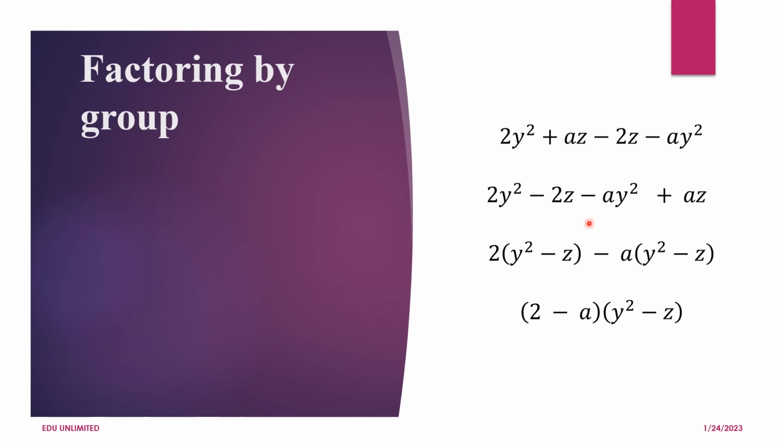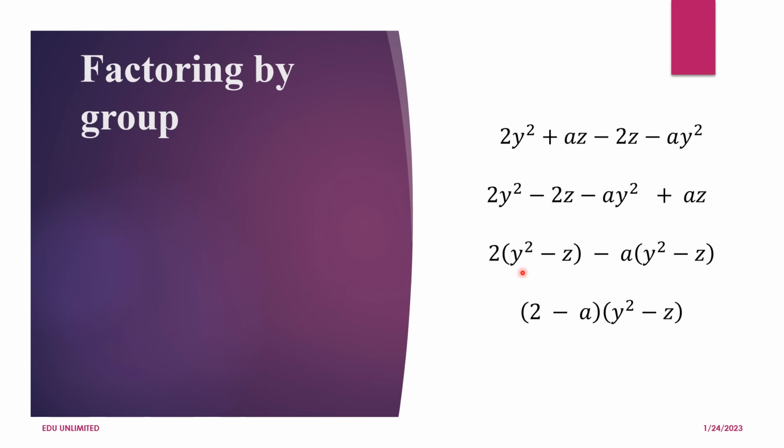And so 2 is a common factor of this part of the expression. And so we put 2 outside the brackets. So we divide 2 into 2y squared gives us y squared. 2 into minus 2z gives us minus z.